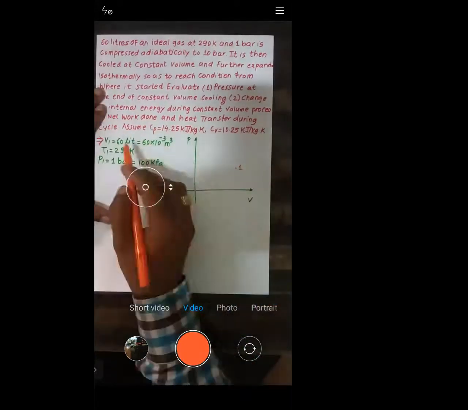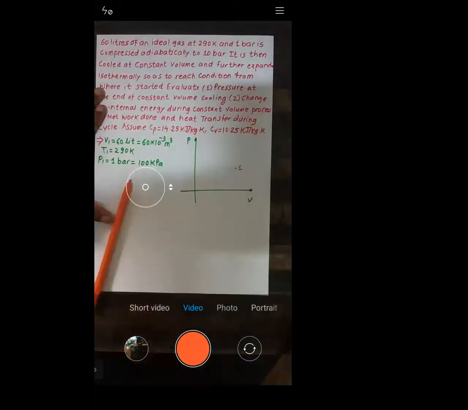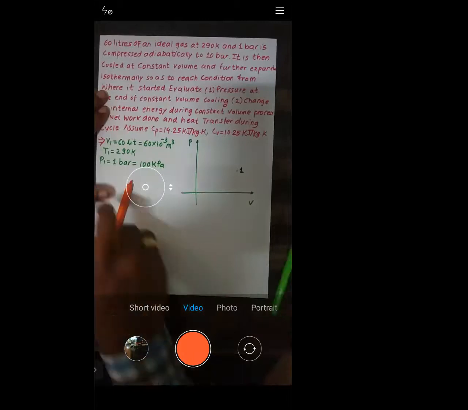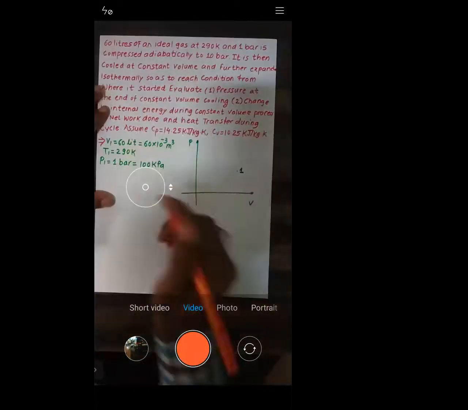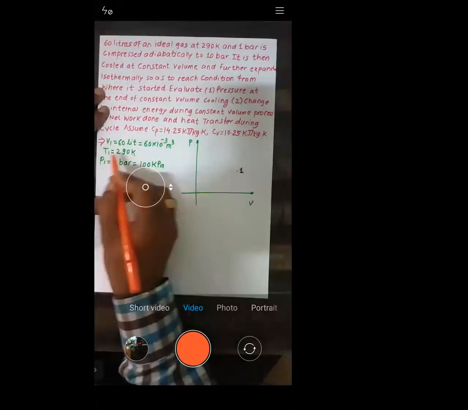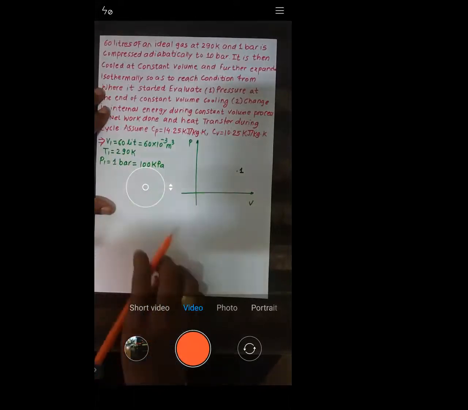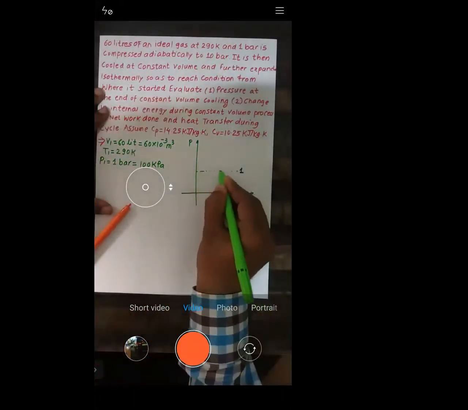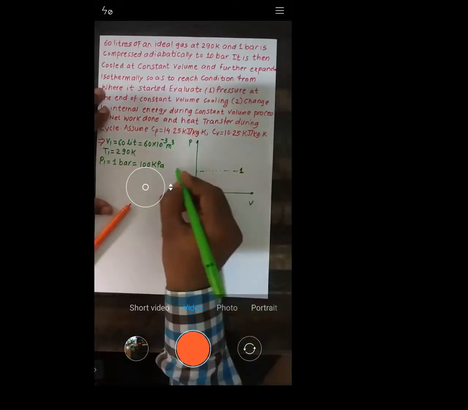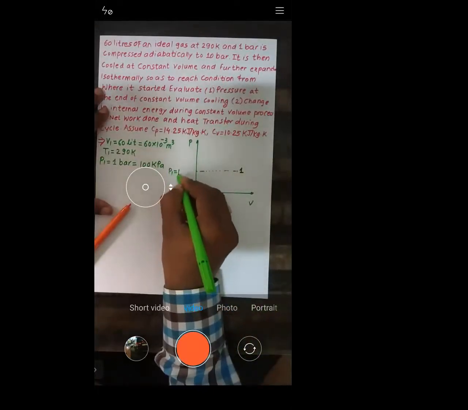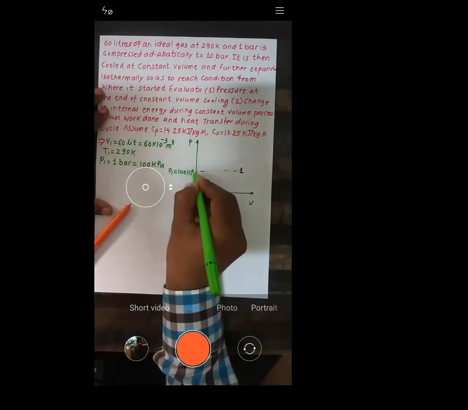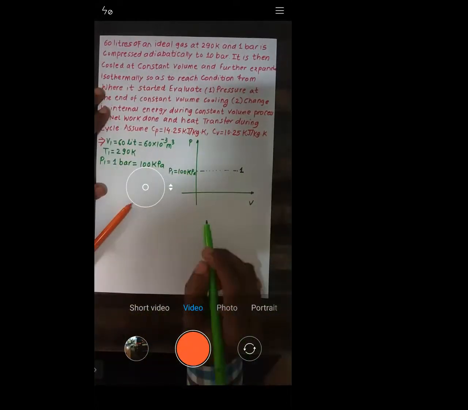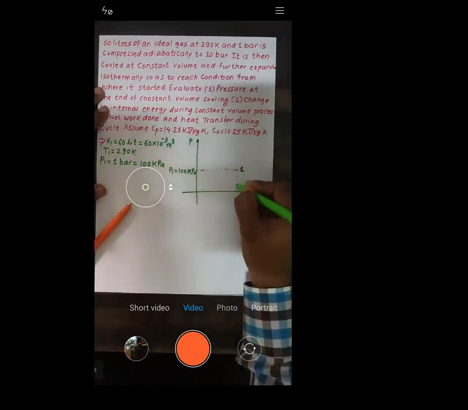At point number 1, the pressure is P1 equal to 100 kilopascal. And the volume V1 we will get here.